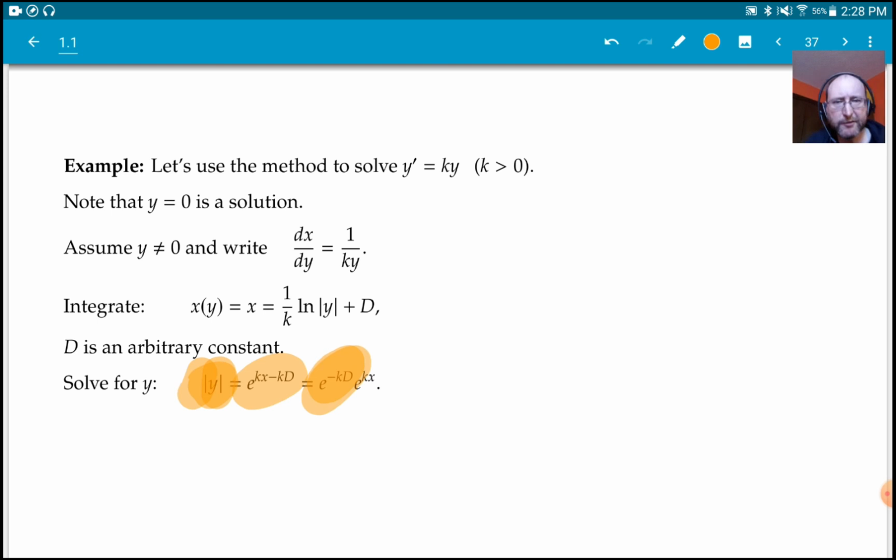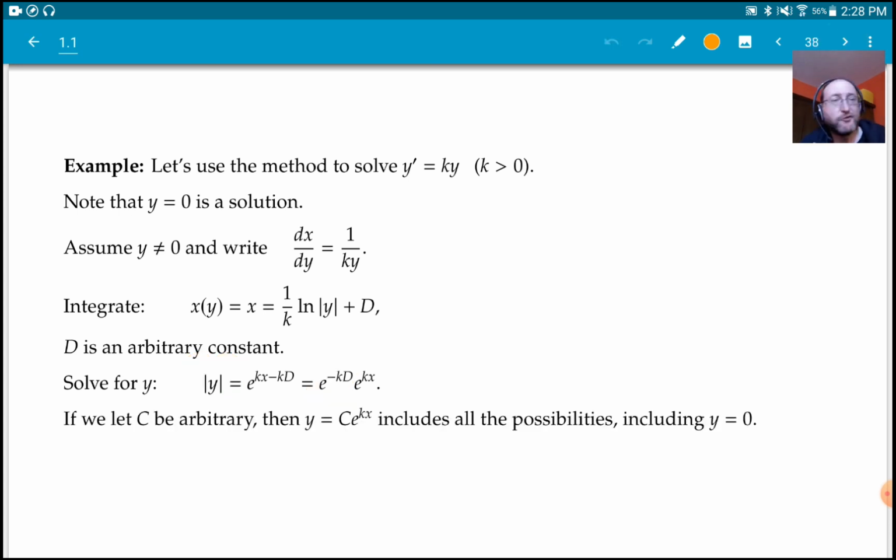If d is arbitrary, e to the minus kd is also kind of arbitrary, but the exponential is always positive. But we also have these absolute values.